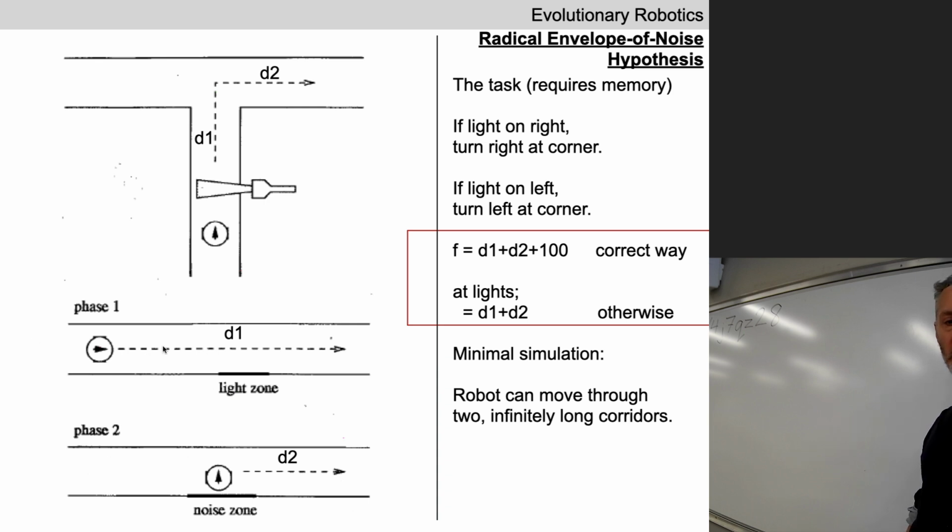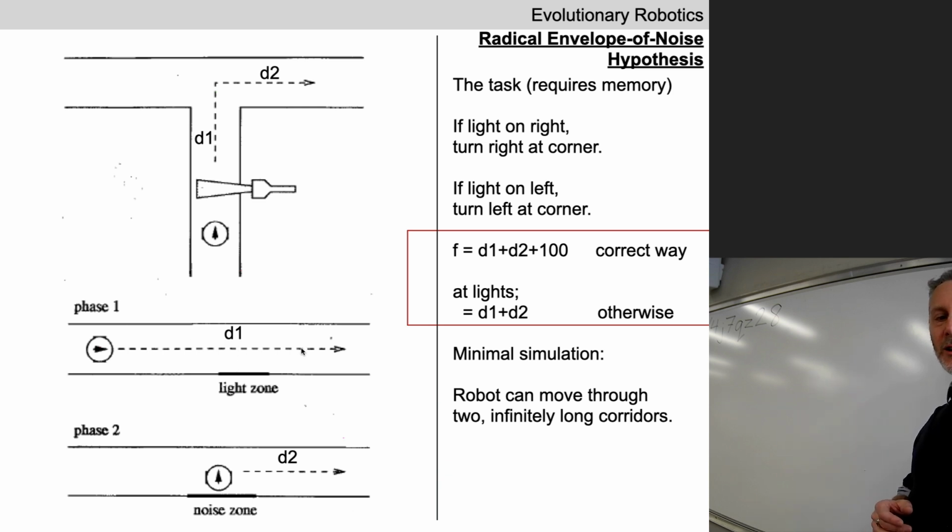So phase one, this is the base of the T turned on its side, just so we can show it here. So here's the robot, and we see whether or how much it travels up the stem of the T, and if it travels anywhere in this region here, the ambient light sensors get some light. Okay, we measure D1.